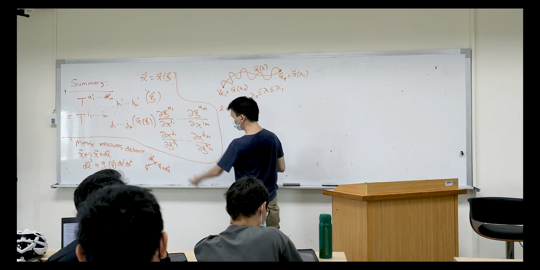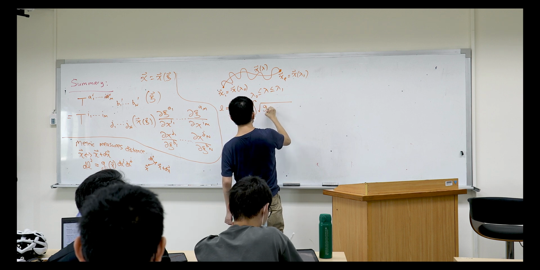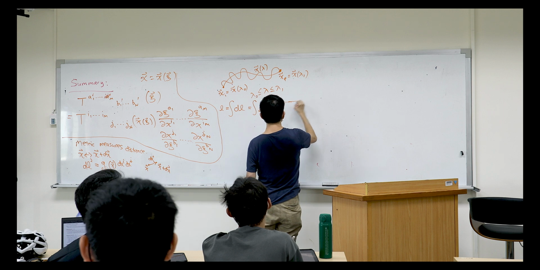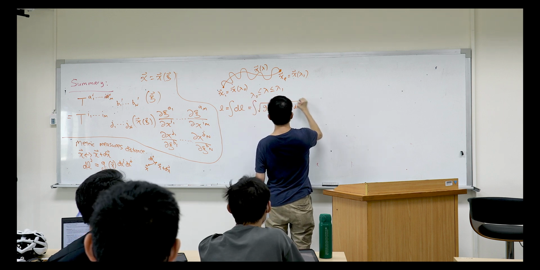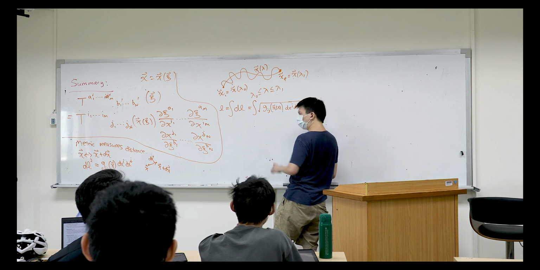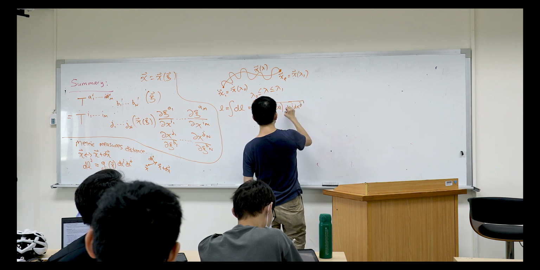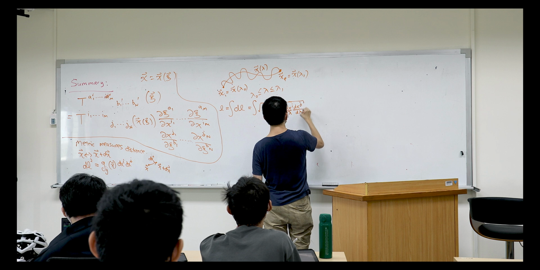So if I plug this in, let's do it step by step. So g_ij, x of lambda, and then dx^i, dx^j. But right now it's still a little bit abstract. So I have these infinitesimal displacements. What I need to do is write them as velocities.